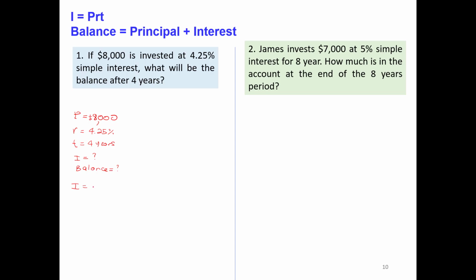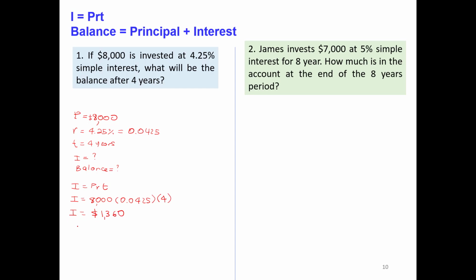Let's do this part first. The principal is 8,000. Here we need to change the rate into decimal notation, so it will be 0.0425, and the time will be 4 years. Finally, if we multiply these numbers together, we have the interest is 1,360.